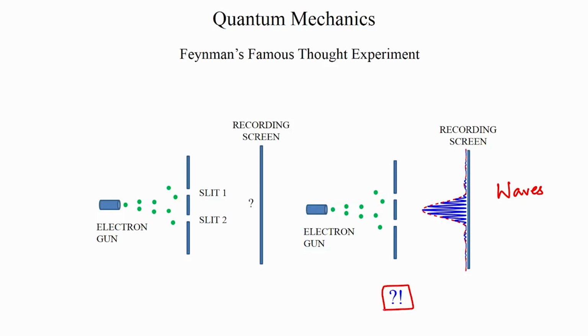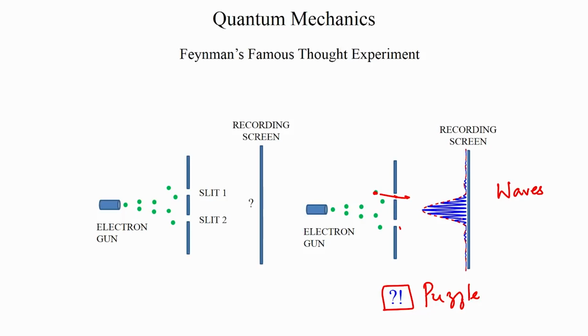And this is a puzzle because we were to believe that the electron went through only one slit at a time. This particular electron decided to either go through this slit or this one. It did not go through both slits. That was our intuition, but that is not what the experiment says.